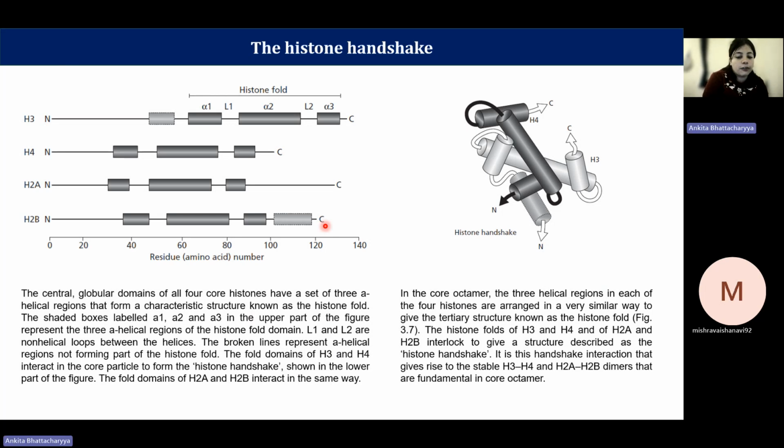The fold domains of H3 and H4 interact in the core particle. This is H3, this is H4, and their fold domains interact to form the histone handshake, which is shown here. The fold domains of H2A and H2B also interact in the same way. Why is this important?